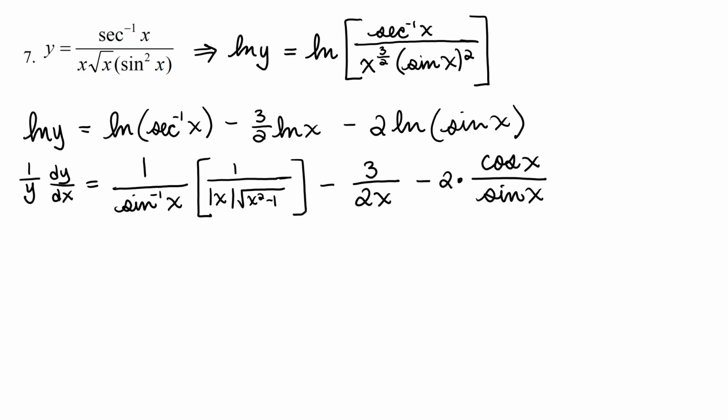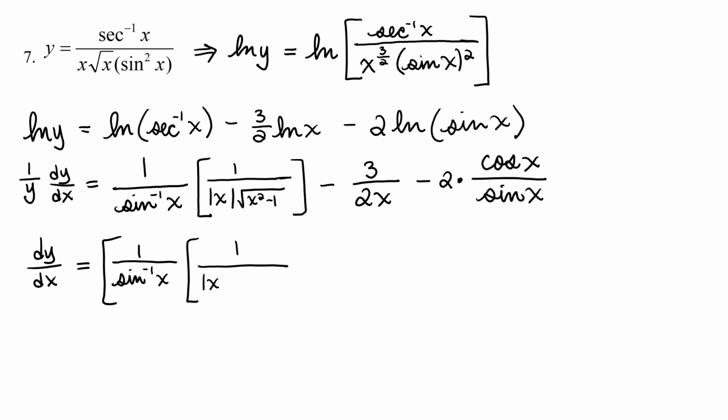And then we need to multiply both sides by y, because we don't want 1 over y dy dx. We want to know what dy dx is. So dy dx is equal to, well, there's not much we can do about this. So we have 1 over inverse secant of x times 1 over the absolute value of x.